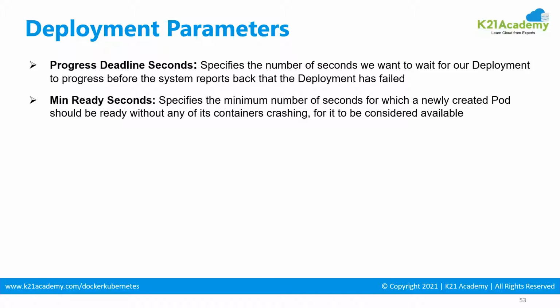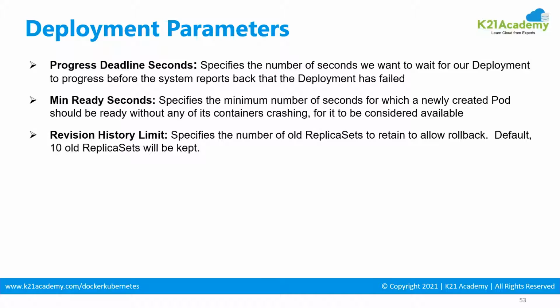Similarly, minimum ready seconds specifies the minimum number of seconds for which a newly created pod should be ready without any of its containers crashing. Okay, and revision history limit. Now we are going to see that revision, how we can go back to our version 1, version 2, version 3, in case you have multiple versions.